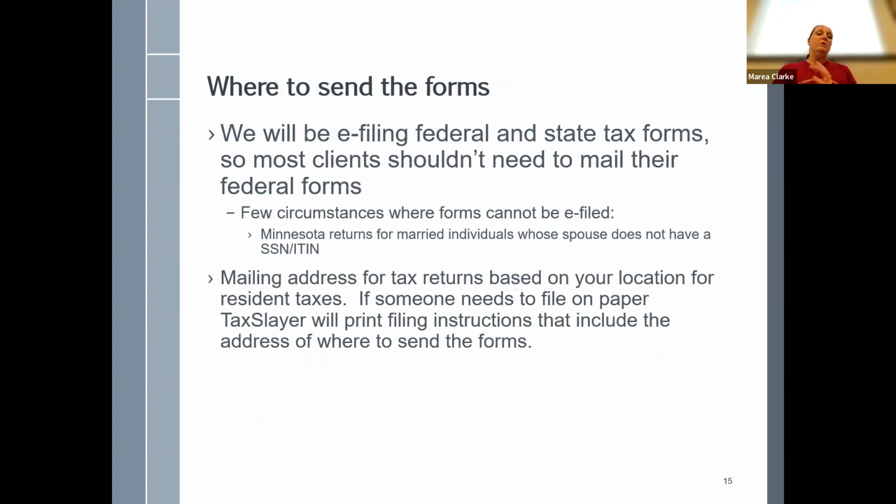All right. Sending in the form. So we will be e-filing forms for federal and state returns. So almost everybody should not need to mail their forms. There are a few circumstances where forms cannot be e-filed. Generally, it's when the person is married and their spouse does not have a social security number or ITIN. In that case, when they print out their forms from the software, they will have the address of where they need to send those forms.